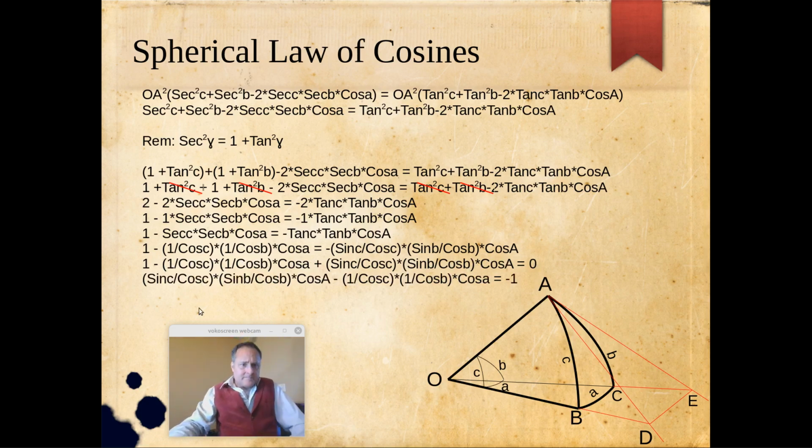Now, here what I've done, since this is over cosine C, and this is over cosine B, and I've got a 1, a 1. Let's see, what have I done here?